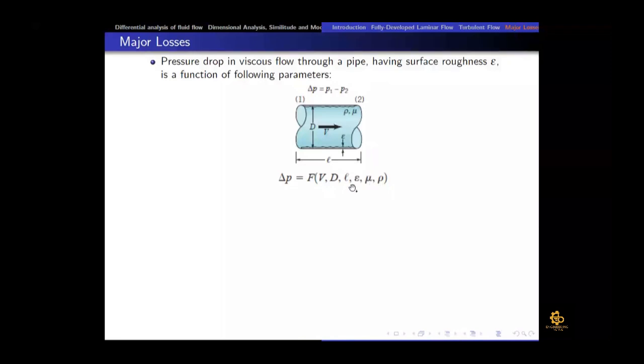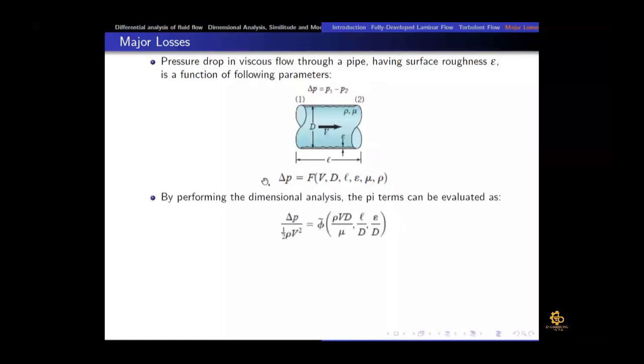If we use the method of repeating variables or the method by inspection, we can determine the non-dimensional pi terms by using dimensional analysis, which we did in chapter number 7. Because we have 1, 2, 3, 4, 5, 6, 7 parameters, 7 minus 3 gives 4 dimensionless pi terms.